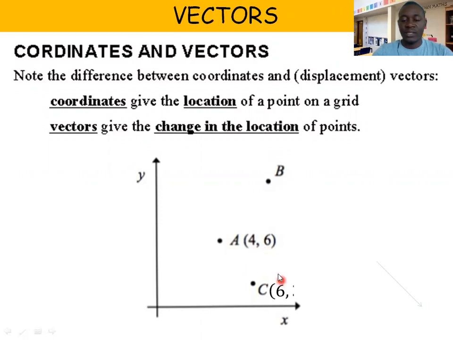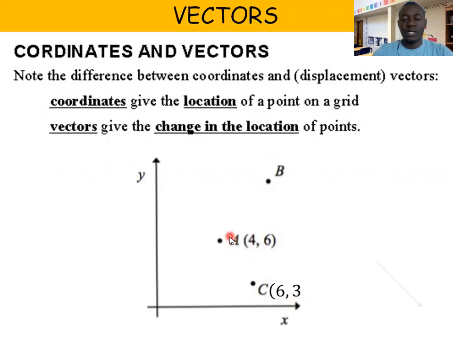This is describing how we can locate point A on the grid. Point C can be located on the grid by 6, 3. 6 represents the x coordinate and 3 is the y coordinate.